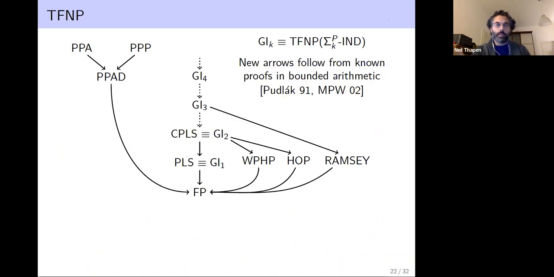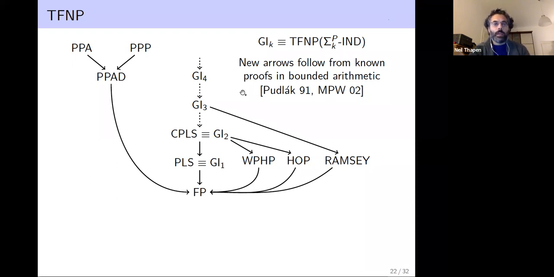So here's the picture of what these things look like. I've deleted some of the lines down here for clarity. And so we have these extra things in the middle. PLS, which is the same as GI1, CPLS, GI2, and all these other ones. And we're beginning to have this backbone going up the middle, I want to call it.